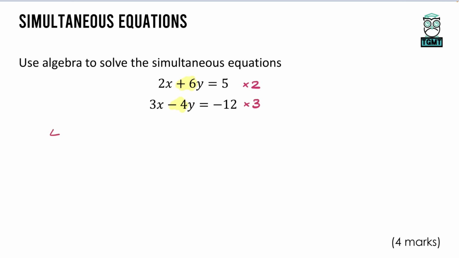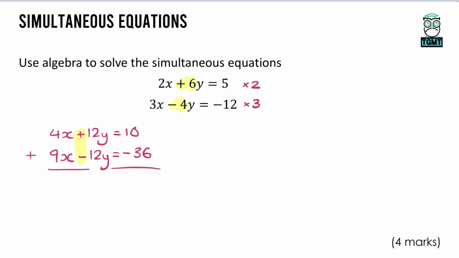So timesing the top by 2, we get 4x plus 12y is equal to 10. For the bottom one, we get 9x minus 12y is equal to -36. Now the way that I approach these is if these have the same signs, I subtract the equations, otherwise we add them together.